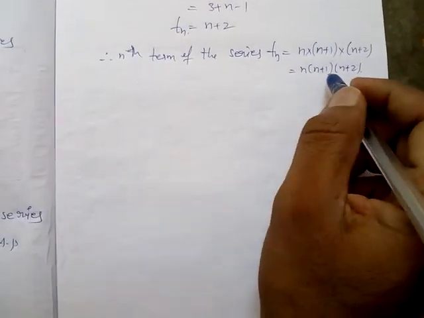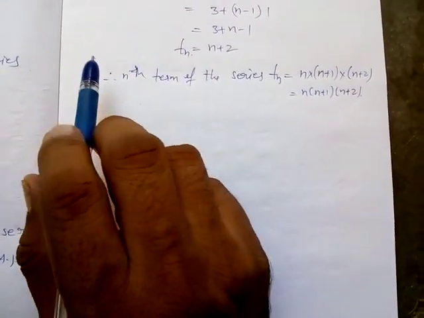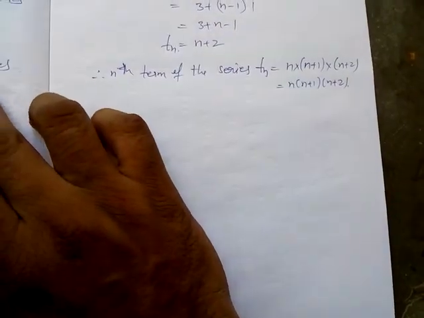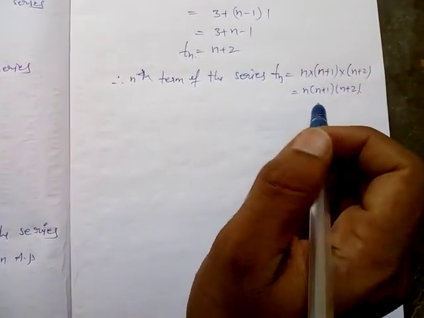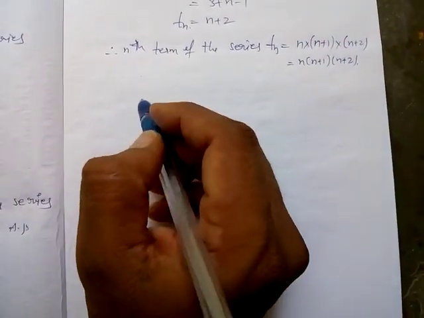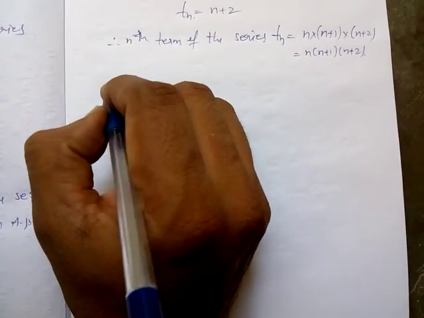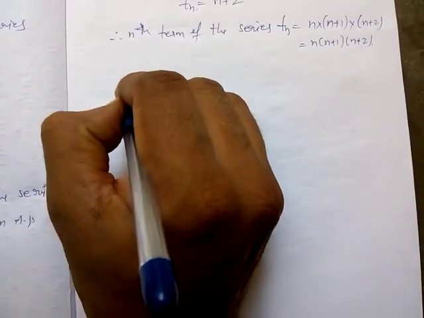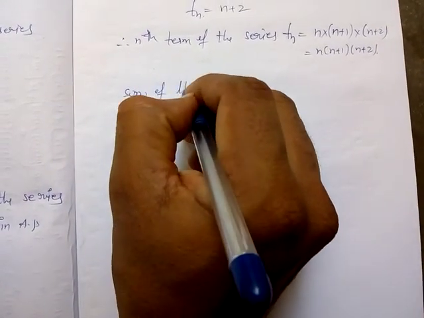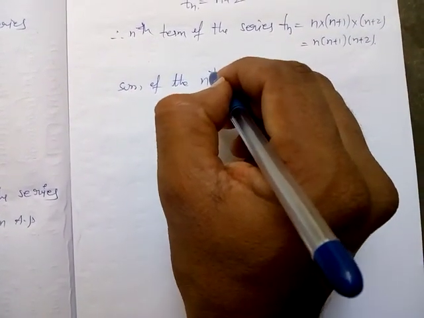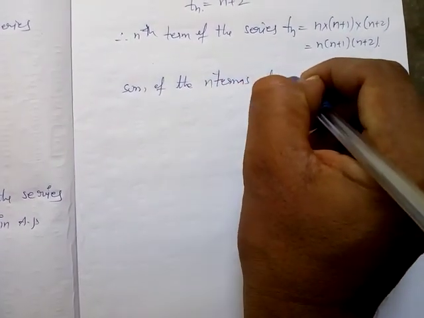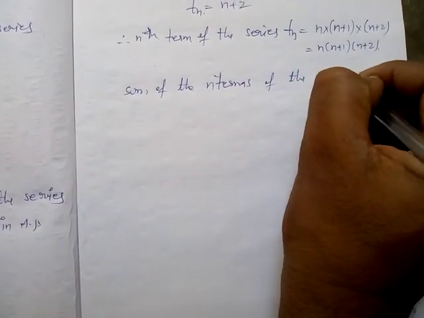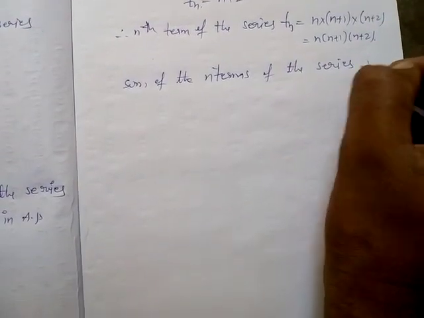This is the nth term of the given series. But we are asked the sum of n terms of the series. The sum of n terms is represented with Sn.